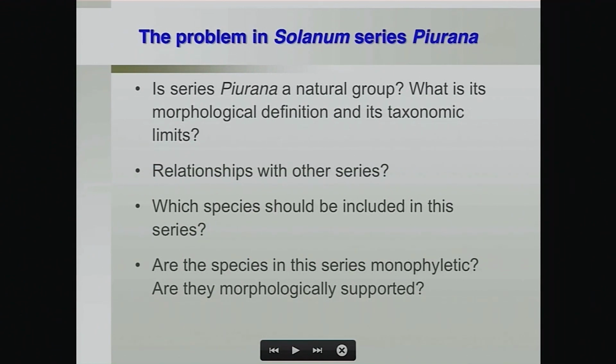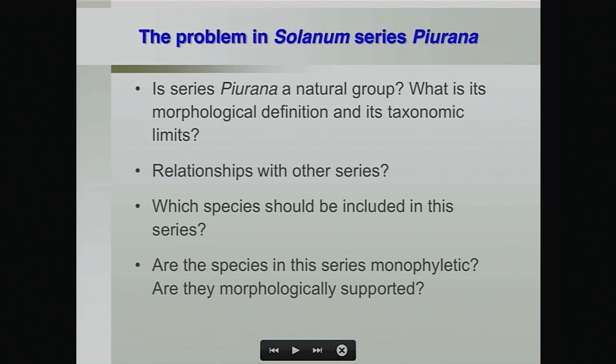So the questions were, is series Piurana a natural group? What is the morphological definition and its taxonomic limits of this series? Relationships with other series, as I am saying, how they are related with the other series, like Conoshibacata, that are very similar, or maybe they are only one series.